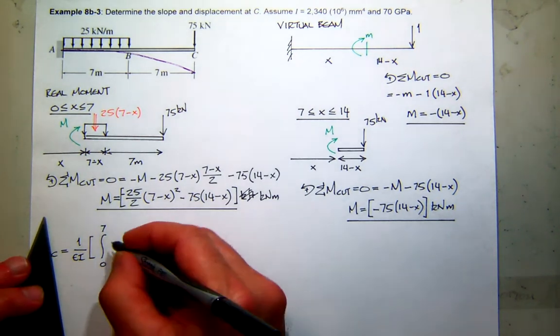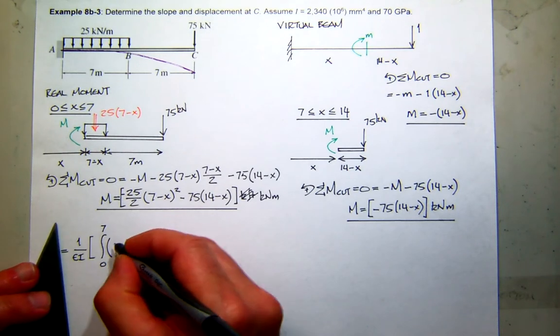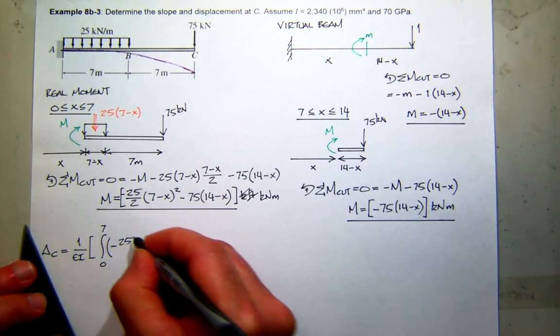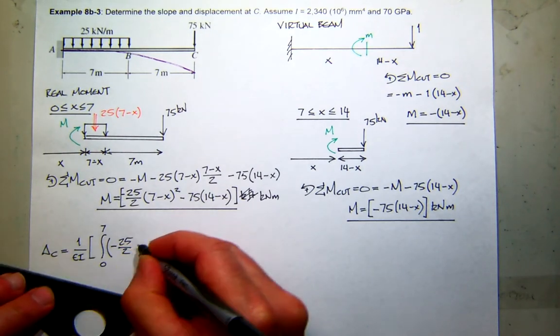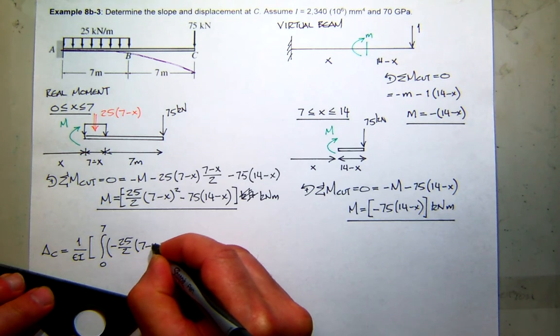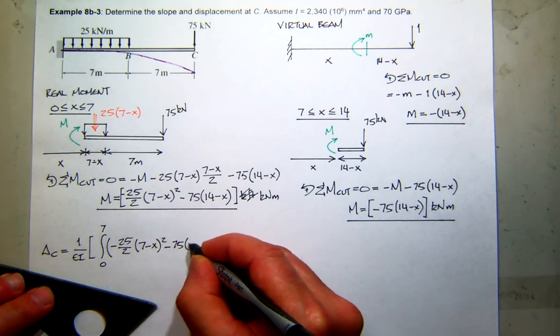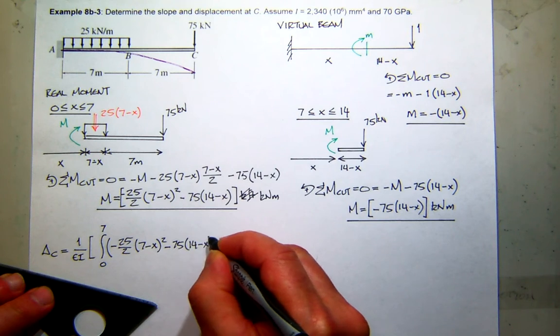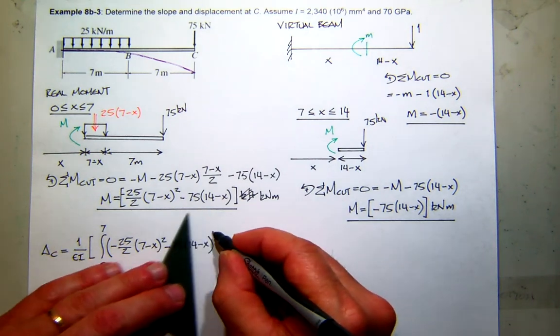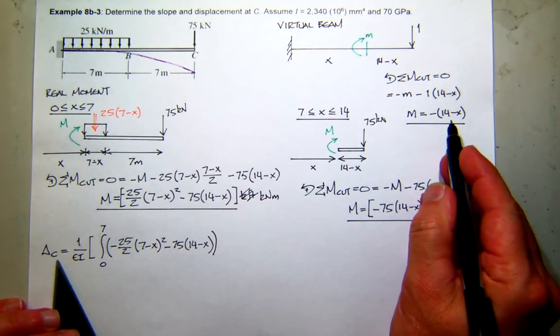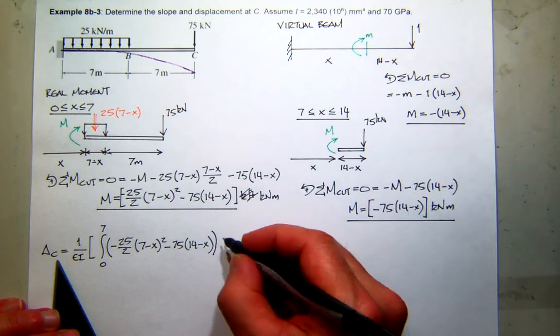I guess you're going to make me write that again, aren't you? Minus 25 over 2 times 7 minus x squared minus 75 times 14 minus x. So that's the real moment. The virtual moment is that.